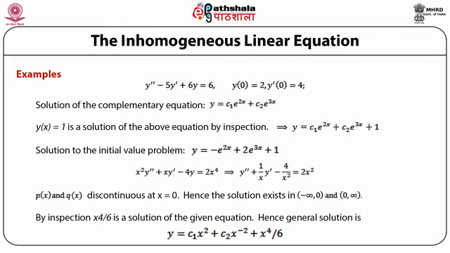So, the solution is to be found on minus infinity to 0 and 0 to infinity. By inspection, x raised to power 4 by 6 is a solution of the given equation. Adding to it the solution of the complementary equation, we obtain the general solution of the equation valid on minus infinity to 0 and 0 to infinity. Thus, y is equal to c1 times x square plus c2 times x raised to power minus 2 plus x raised to power 4 by 6.